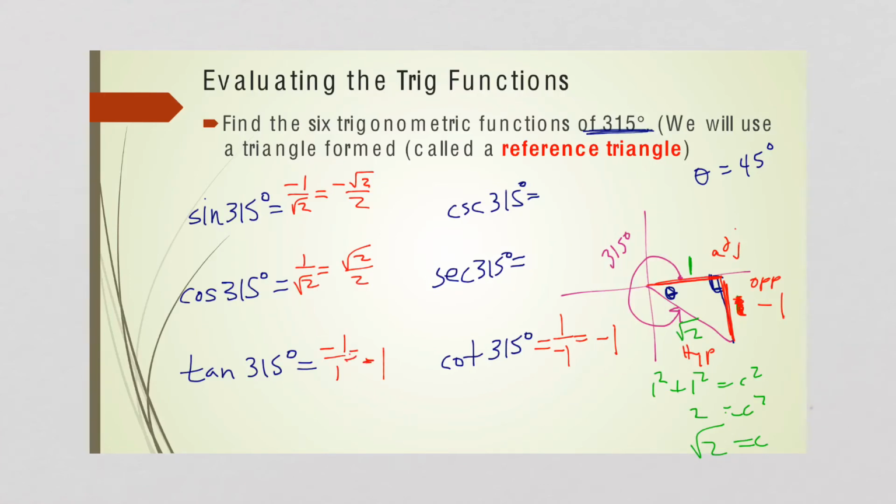Alright, secant is the reciprocal, so it's the square root of 2 over 1, which is just the square root of 2. And cosecant is square root of 2 over negative 1, which is negative square root of 2. And there are my 6 trig functions. Make sure you draw your picture so you know which quadrant you are talking about.